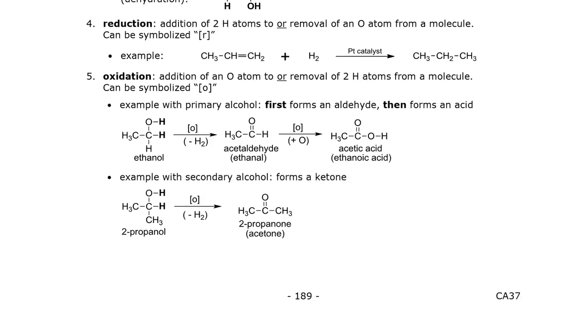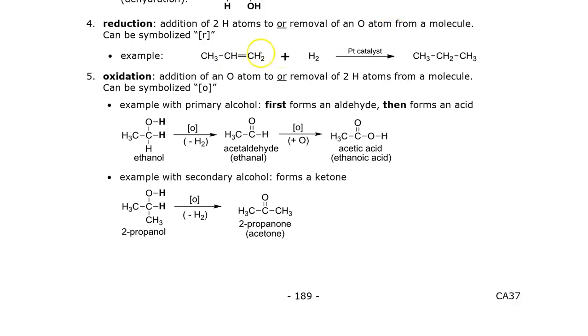Okay, we've seen reduction and oxidation before, and we've seen how to assign oxidation numbers, but when you do organic and biological reactions, assigning oxidation numbers is very challenging, so it's easier to use shortcuts, such as addition of 2 hydrogen atoms or removal of an oxygen atom from a molecule.